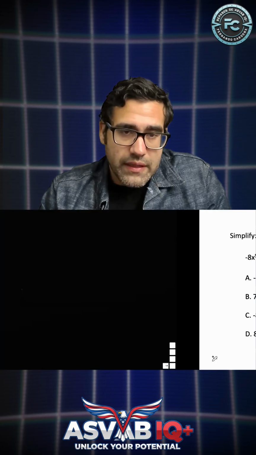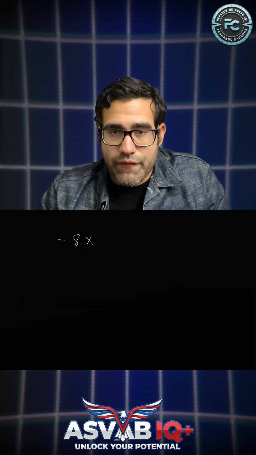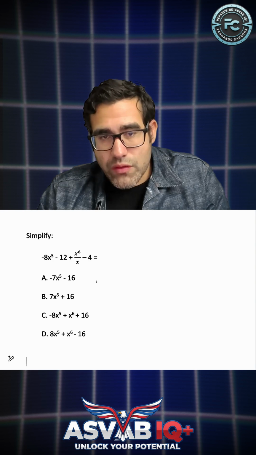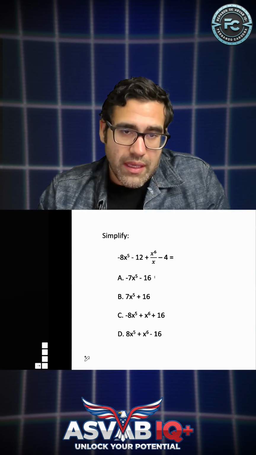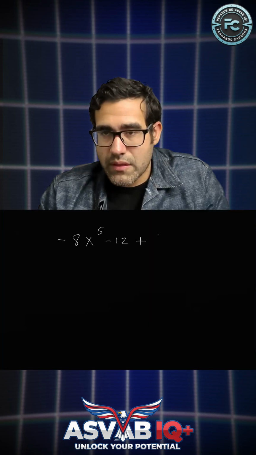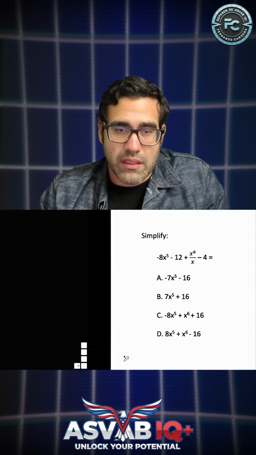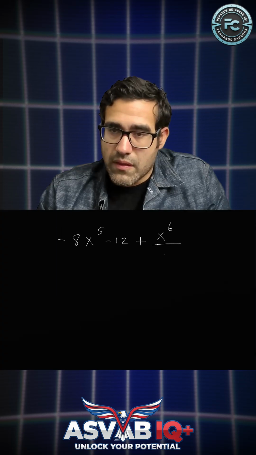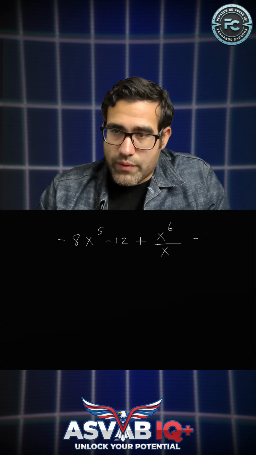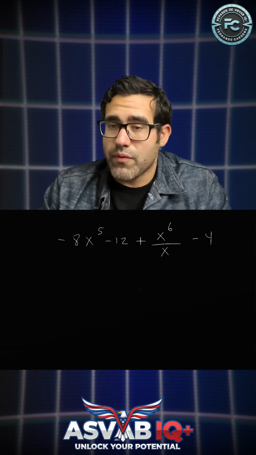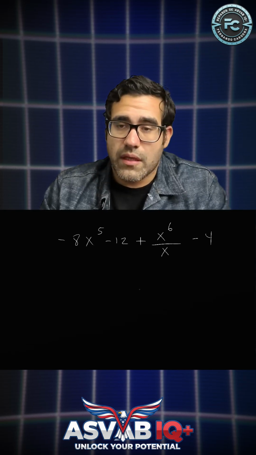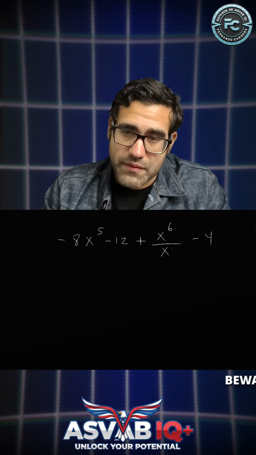So we have negative 8x^5 minus 12 plus x^6 divided by x minus 4. Okay. So first thing we have to remember, when we don't see anything on top of a letter, there's a 1.